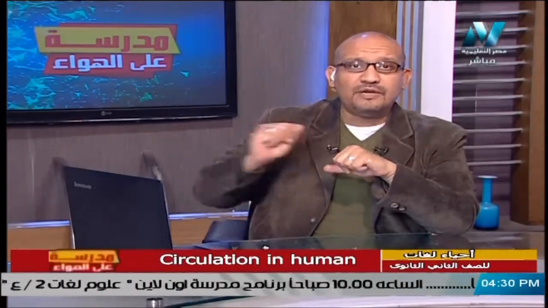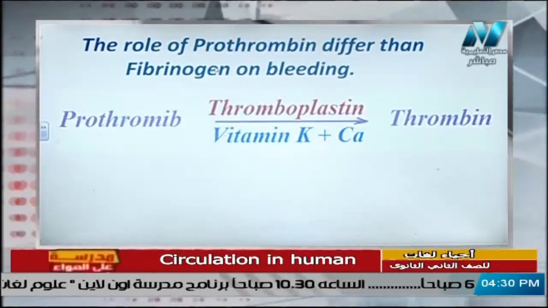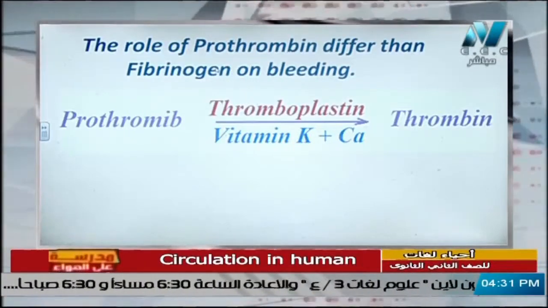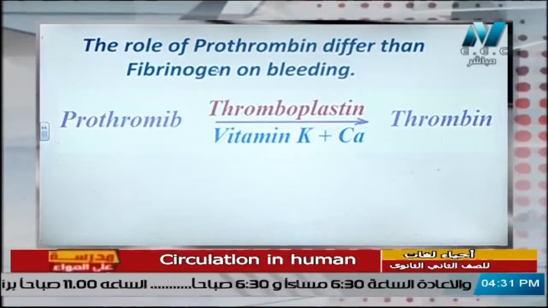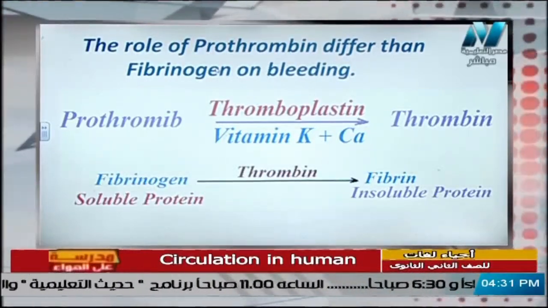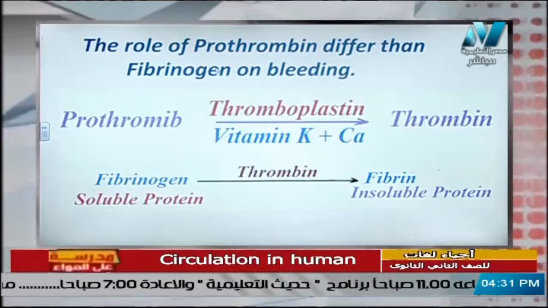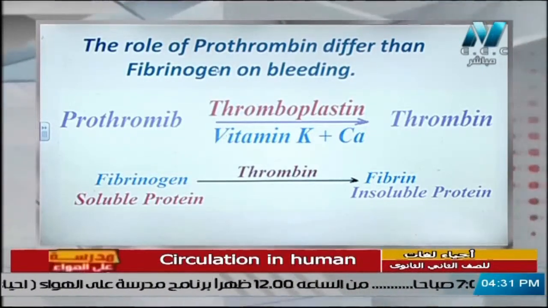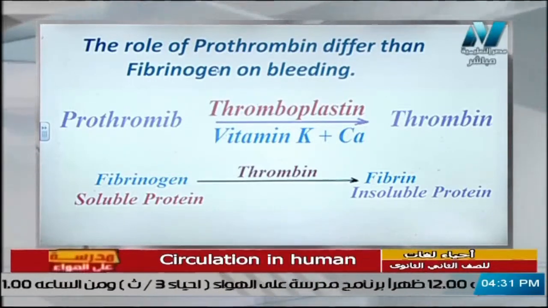So it asks about the role of prothrombin and how it differs from fibrinogen, so it's the equation of the mechanism of blood clotting. Let's look together. First, prothrombin, by thromboplastin, vitamin K and calcium, changes into thrombin. Then fibrinogen, a soluble protein in blood, is changed by thrombin into fibrin, an insoluble protein.